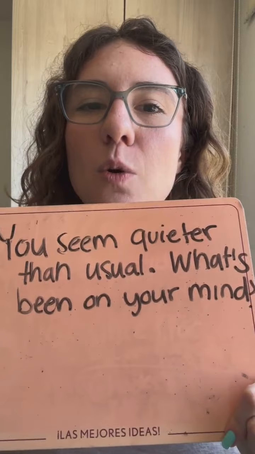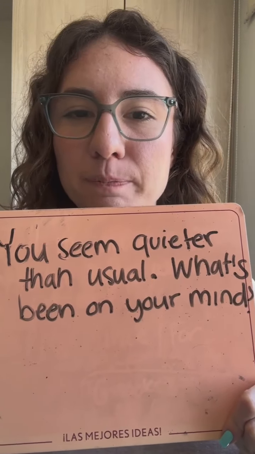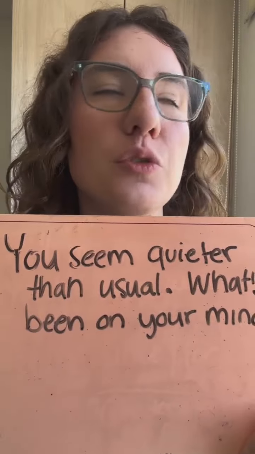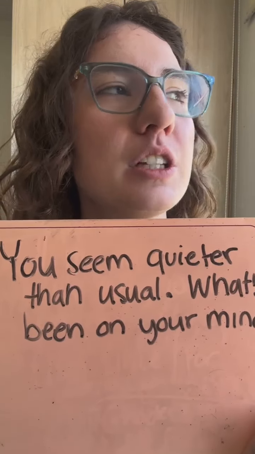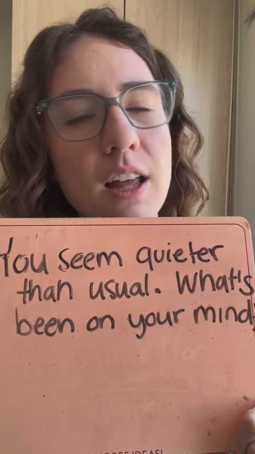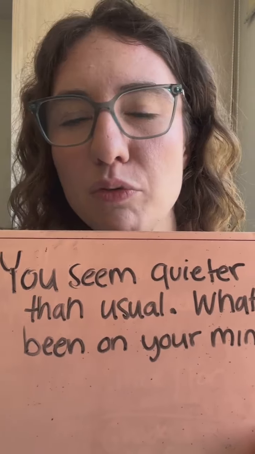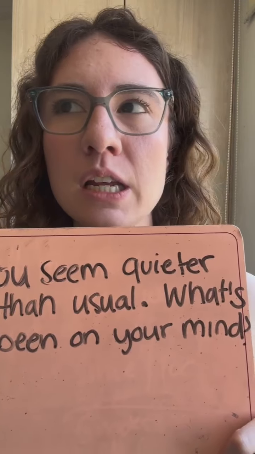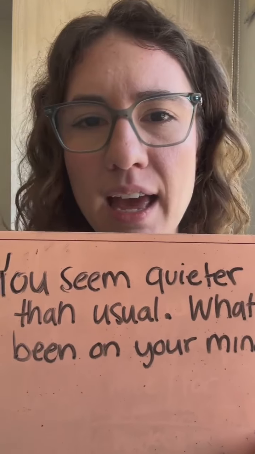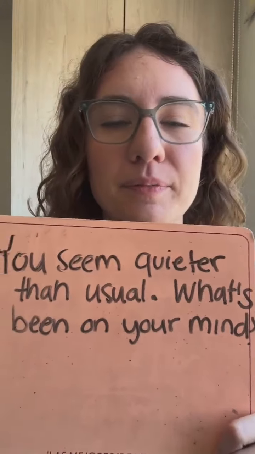This is the present perfect tense also. So the question is, what has been on your mind? And to respond to a question like this, you could say something like, "Yeah, I've just been thinking a lot recently. I think that I'm not in the right career for me," or "Nothing, I've been okay. I've just been busy," for example.